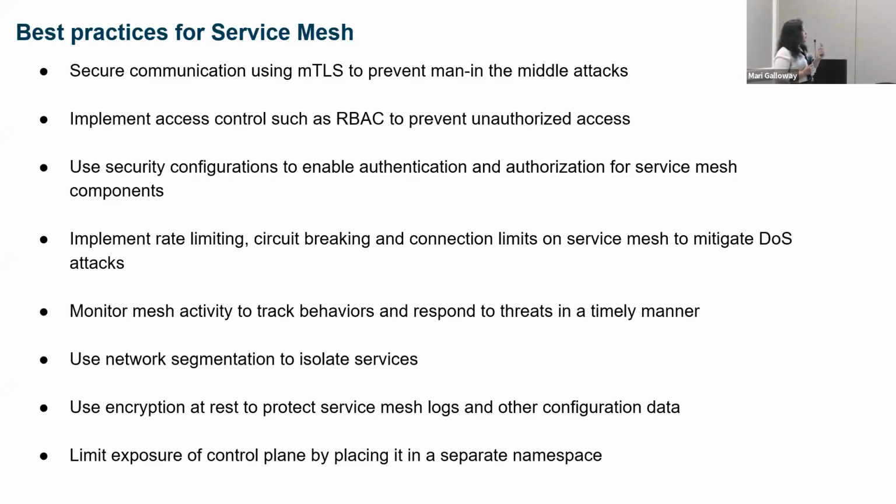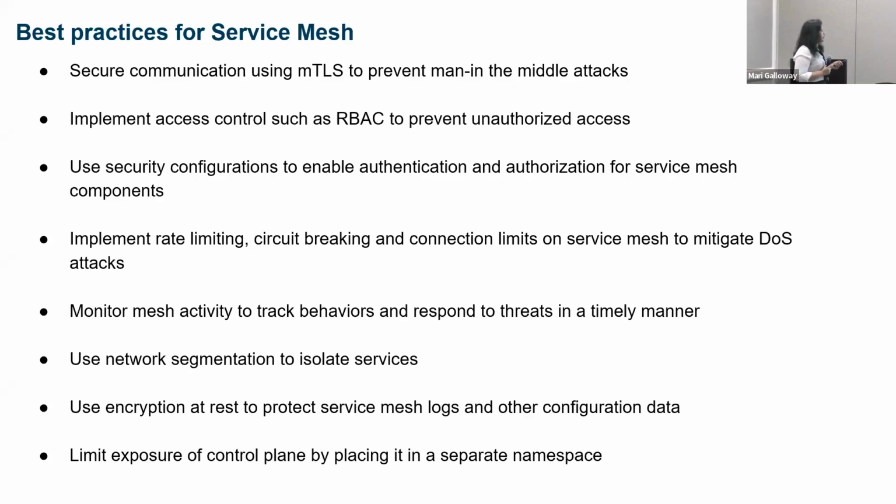So make sure you're securing your communication using the MTLS feature to prevent man-in-the-middle attacks. You should implement access control such as RBAC to prevent unauthorized access. That's another feature that you have to make sure you turn on. Use security configurations to enable authentication and authorization for the service mesh components themselves.